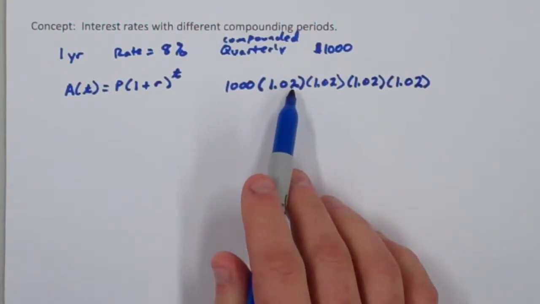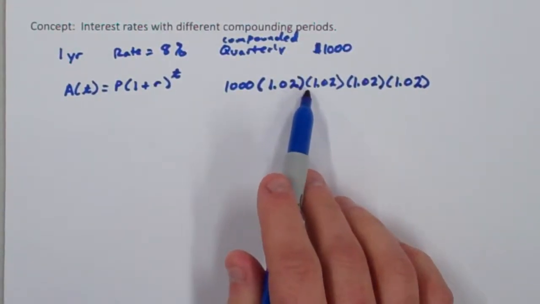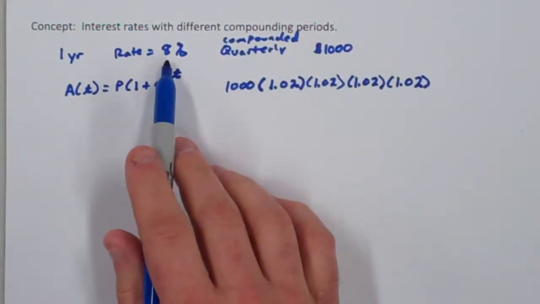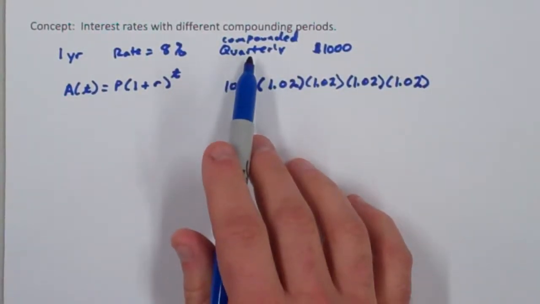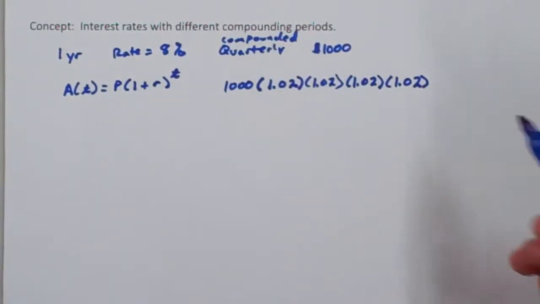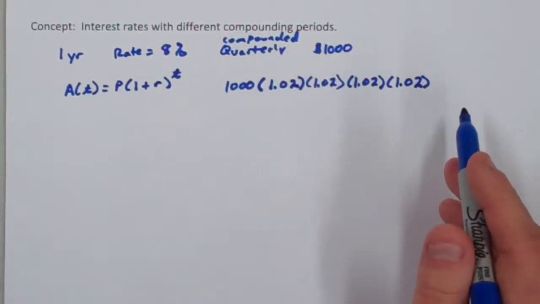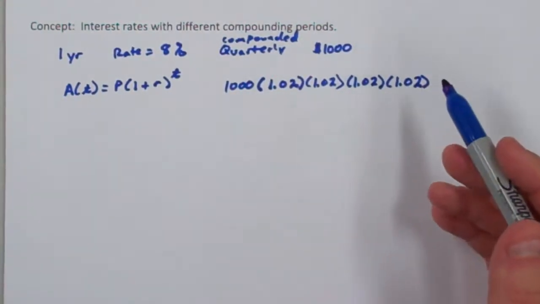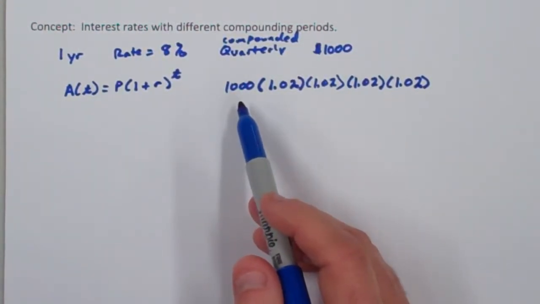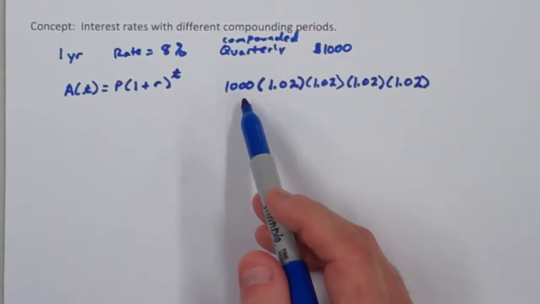So you can see that this 1.02 would all add up to be 8, but it's being applied 4 times because there are 4 quarters in 1 year. If you went ahead and did that math, it wouldn't be just 1,000 times 1.08. It would be a little bit more than that.